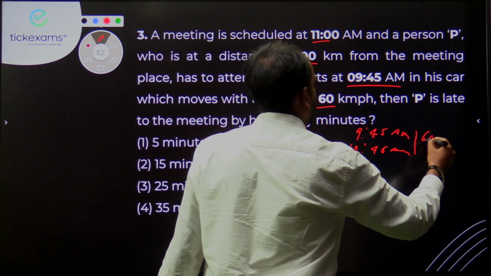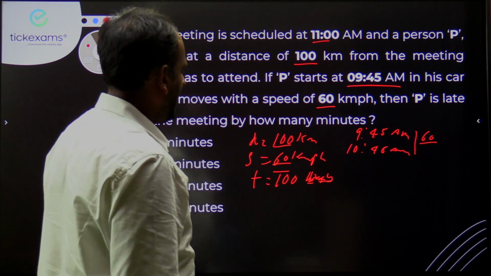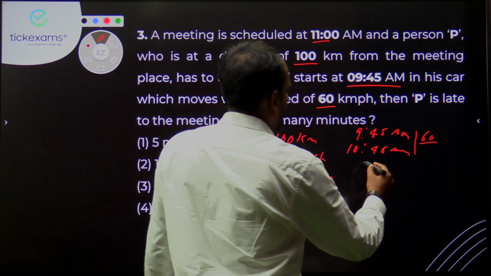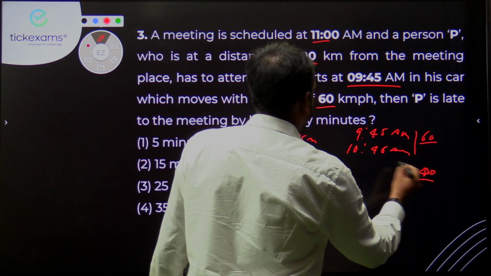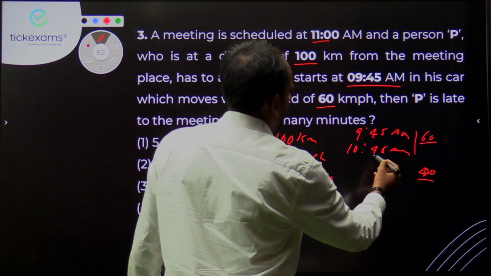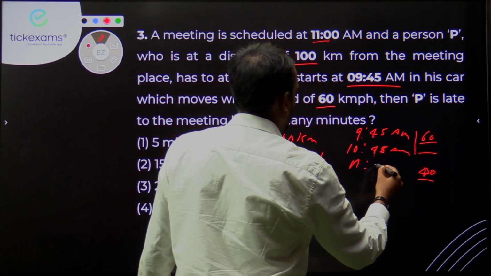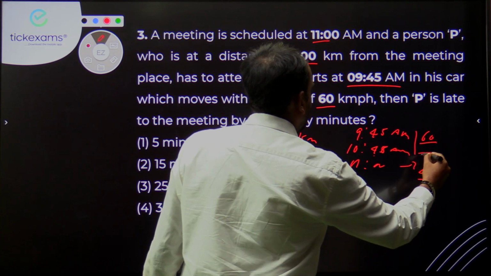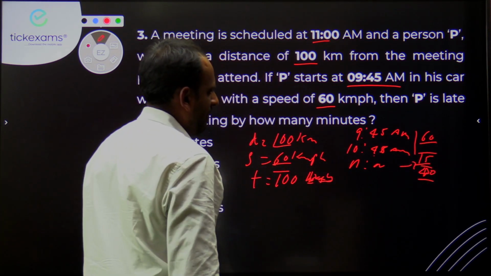That time is already spent. Now the remaining 40 kilometers he has to cover. At 10:45 he has reached 60, and by 11 o'clock he will cover another 15 kilometers.